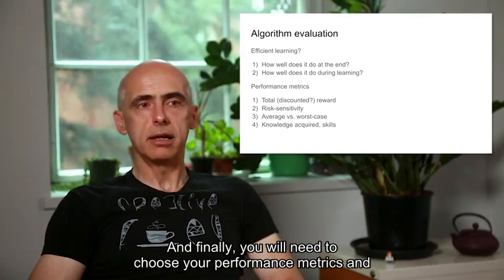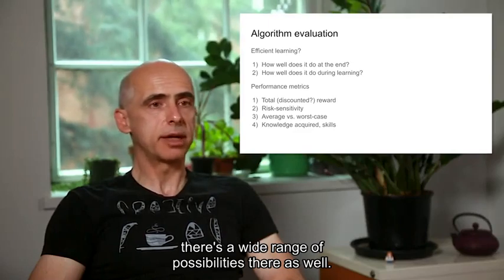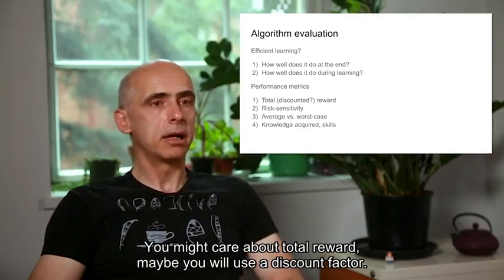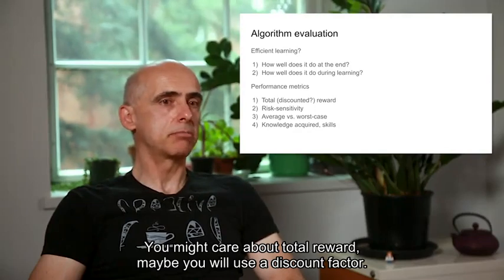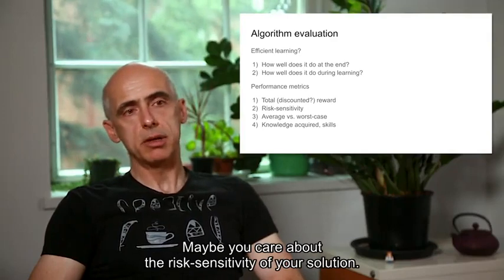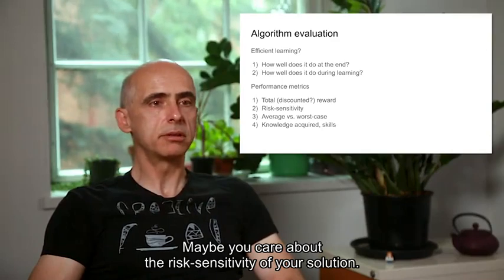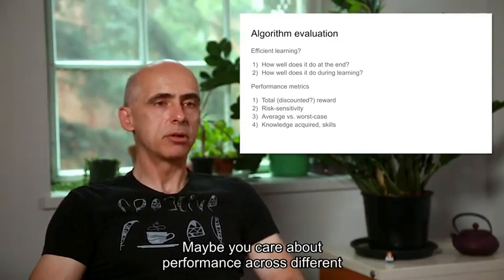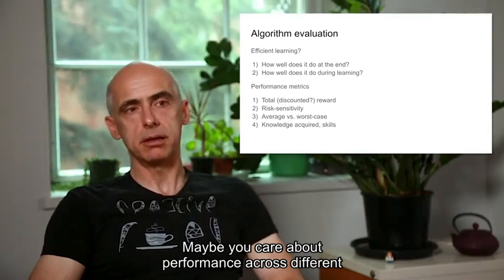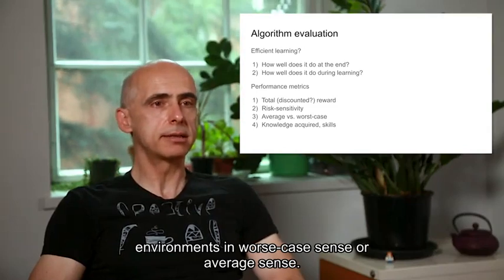And finally, you will need to choose your performance metrics, and there's a wide range of possibilities there as well. You might care about total reward, maybe you want to use a discount factor, maybe you care about the risk sensitivity of your solution, maybe you care about performance across different environments in a worst case sense or average sense.